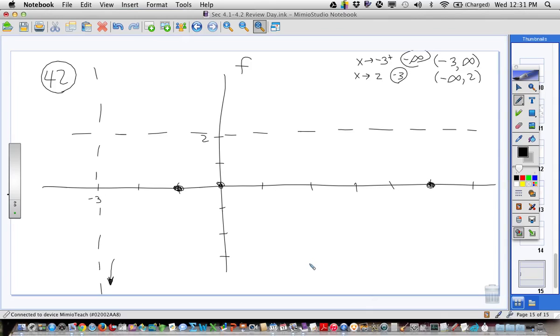Now what's that tell me? Is there a point there? Is that what that's telling me? No, that'd be f of 2 equals -3. It doesn't just mean the cars meet there. So could it be an open circle there? Could it be filled in?